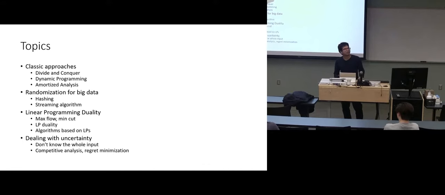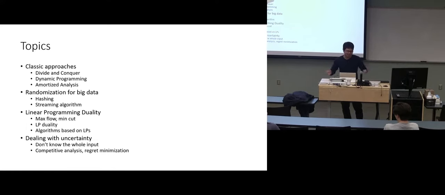The last thing is how to deal with uncertainty. Normally, when you see a classical way to compute things, you have the whole input, and you just need to sort numbers or find the maximum number or something like that.